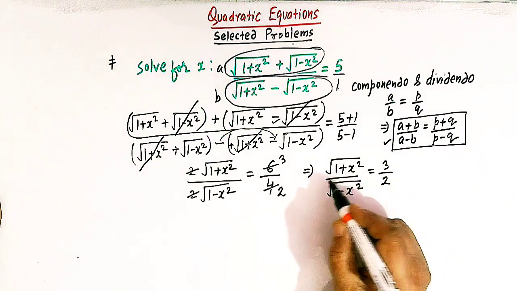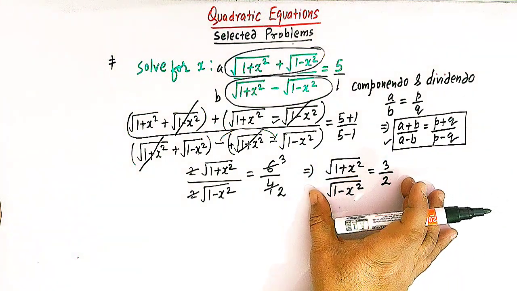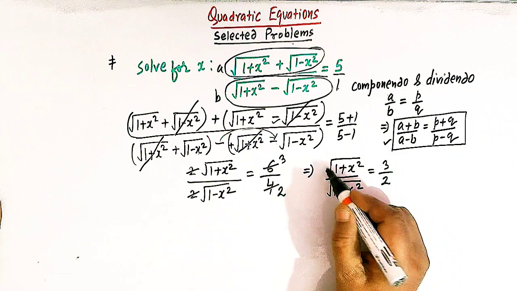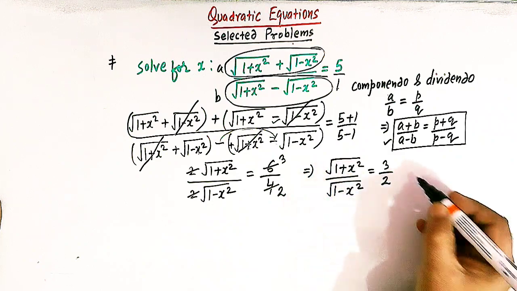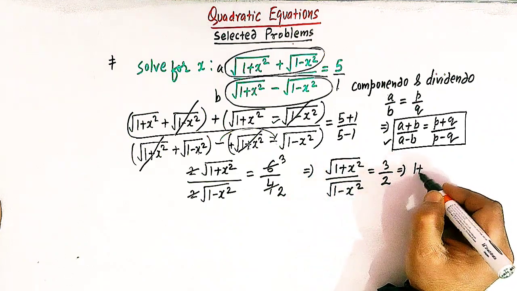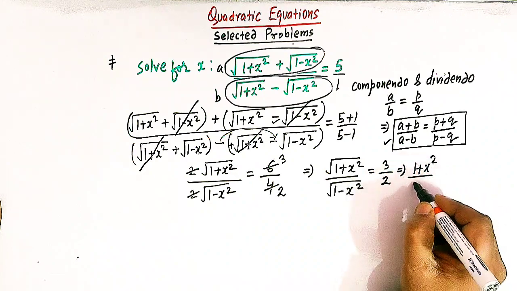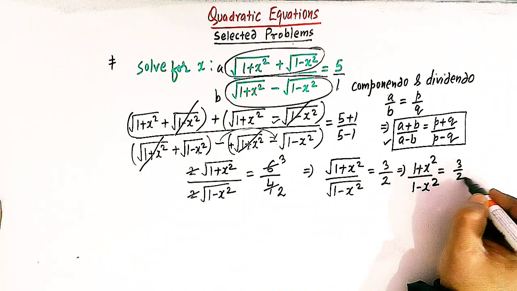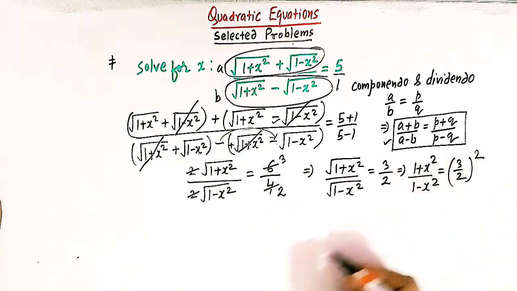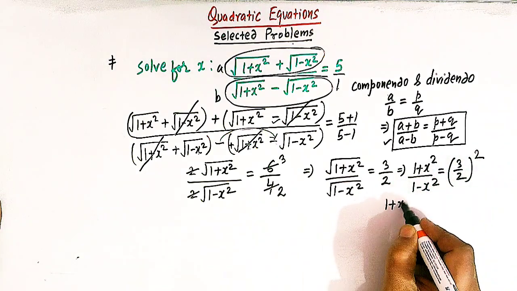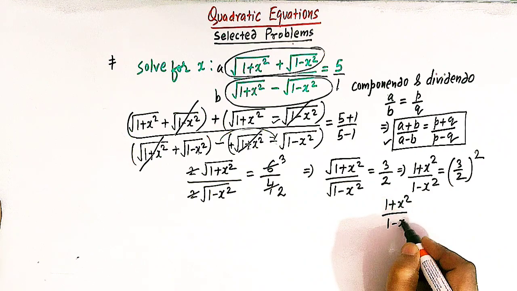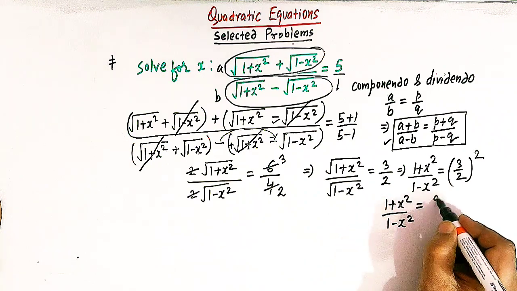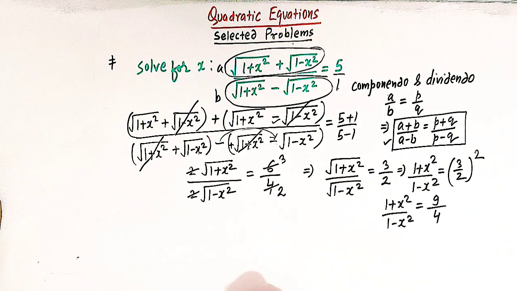Now let us square both sides so that we can get rid of the square root sign. So we have 1 plus x square over 1 minus x square equal to 3 by 2 whole square, which is 9 over 4, right?